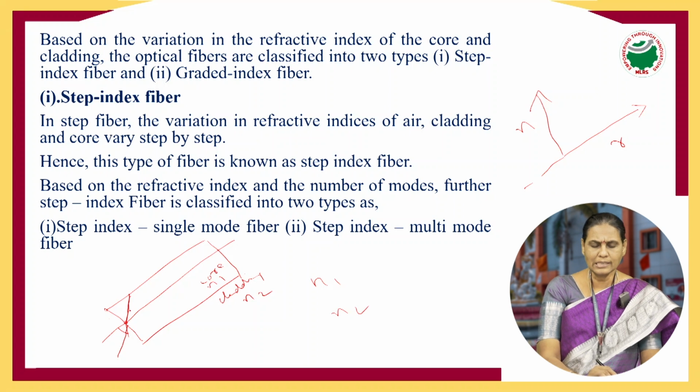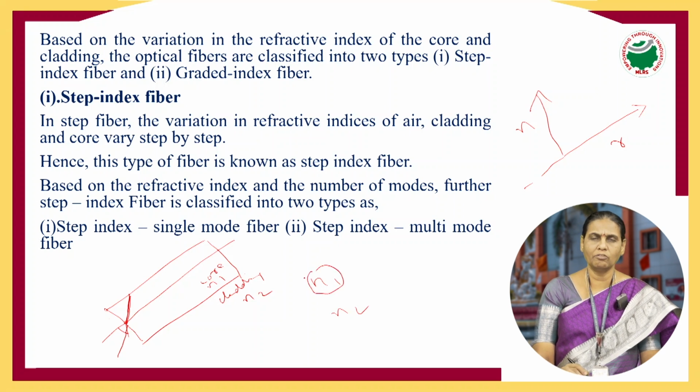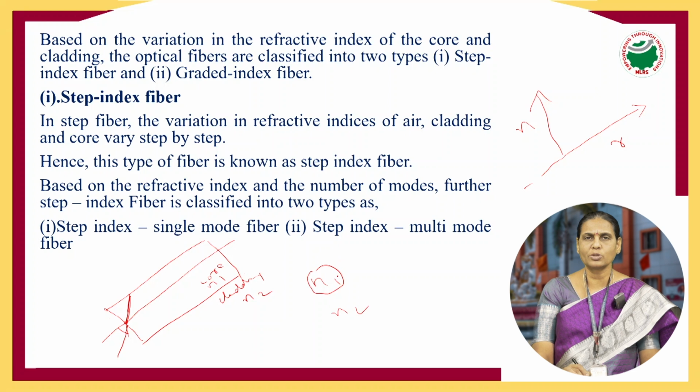That means this light ray which is coming from the outside is traveling inside the core material. As long as the light ray is present inside the core medium, it has a refractive index of N1 only. That means it is maintaining a constant refractive index.